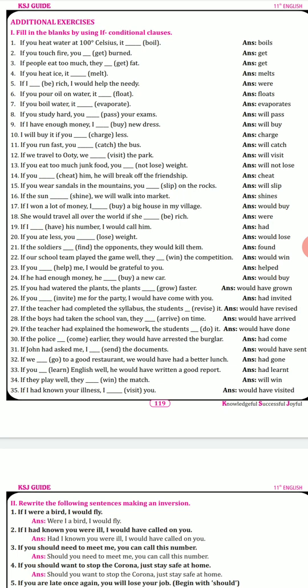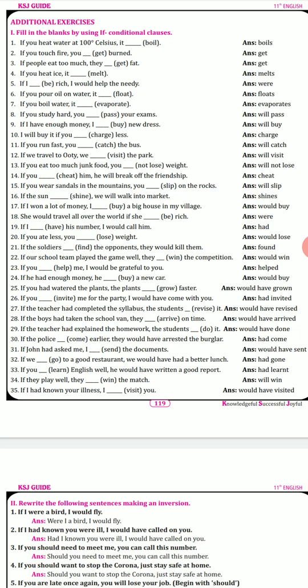And then question number 20: if you ate less, you (lose) weight. Here ate is simple past tense. Here we have to use simple future in past form, so would lose weight.